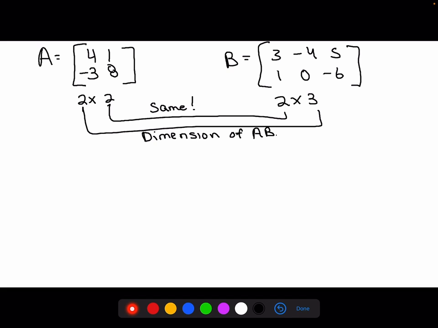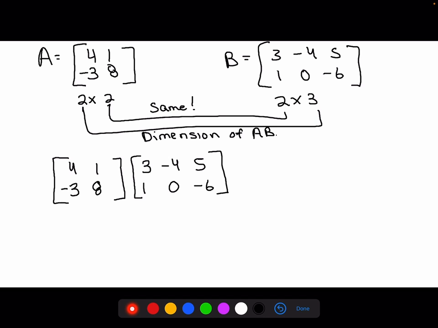Okay, so let's take a closer look at what happens when we multiply these together. We're going to end up with a 2 by 3.